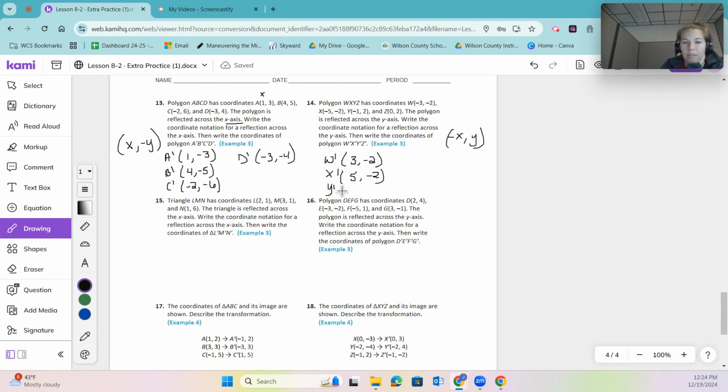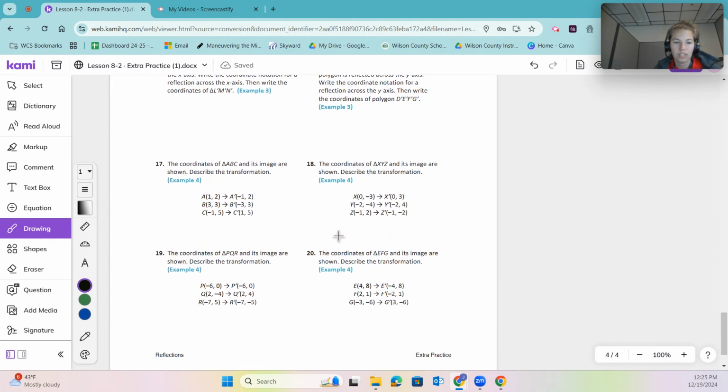Y prime, take the opposite of the x, which is 1, and that stays +2. And Z prime, the opposite of 0 is 0, and the y value stays the same. So those are your new coordinates. You can try 15 and 16 on your own for those.